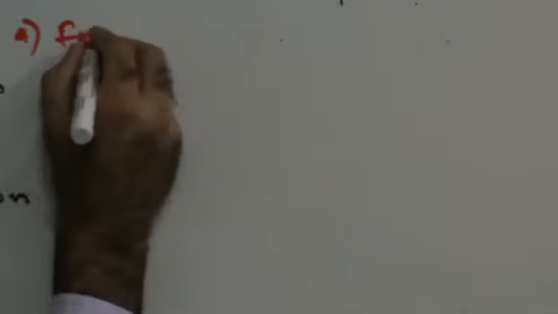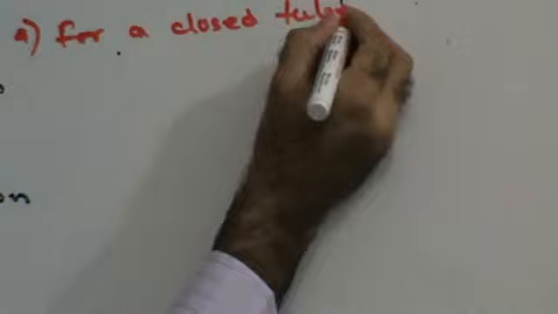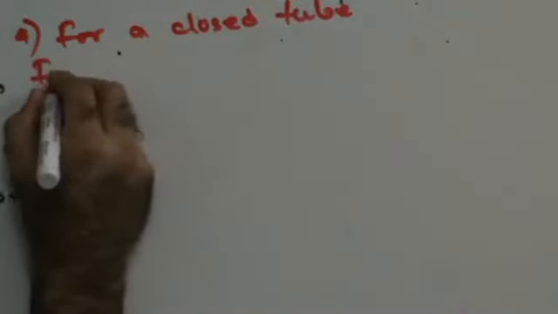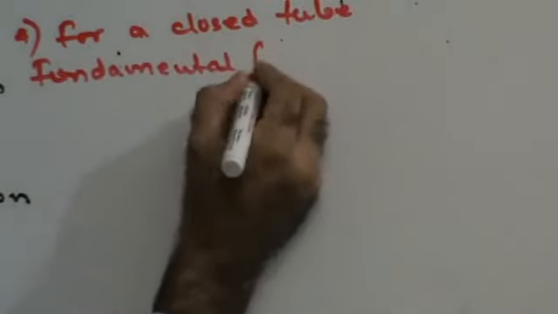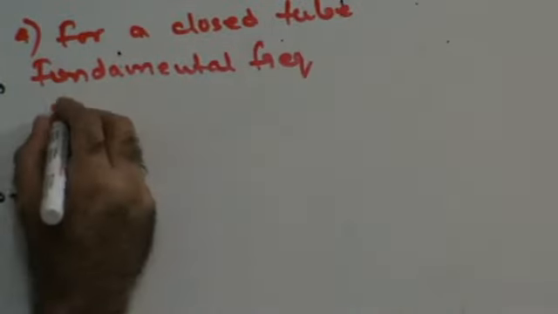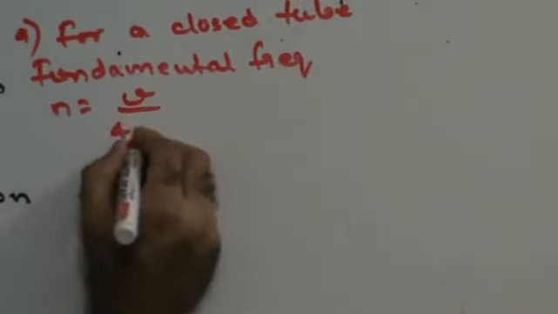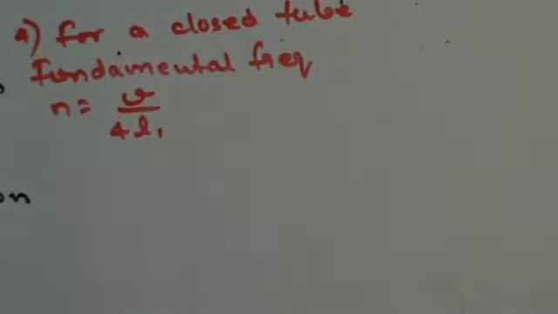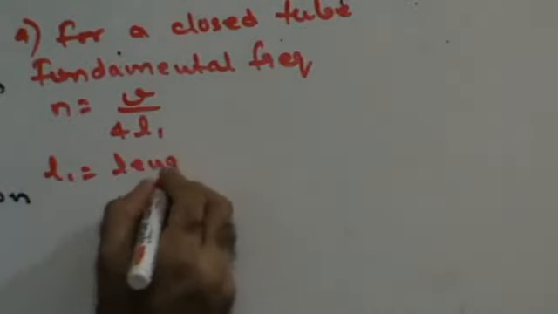Now, for a closed tube, the fundamental frequency n is given by the formula V upon 4L1, where L1 is the length of the closed tube.